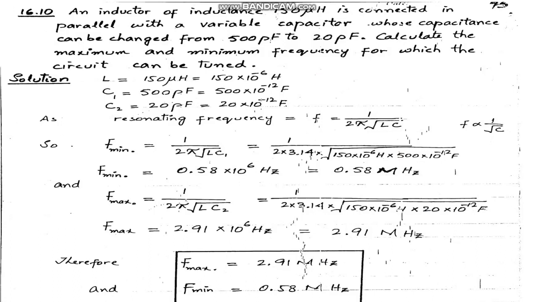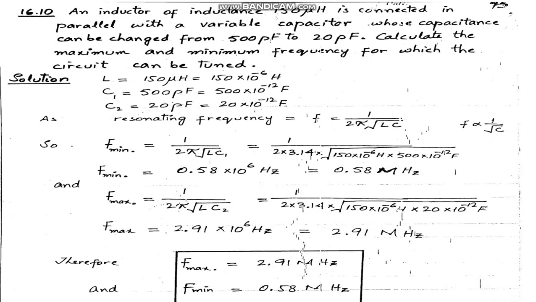Last numerical, number 10. An inductor of inductance 150 μH is connected in parallel with a variable capacitor whose capacitance can be changed from 500 picofarad to 20 picofarad. Calculate the maximum and minimum frequency for which the circuit can be tuned. Solution: L is equal to 150 μH.